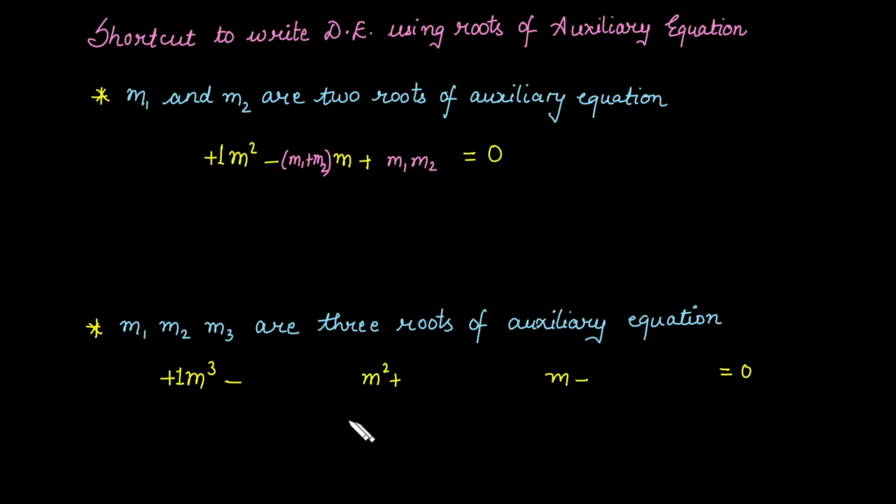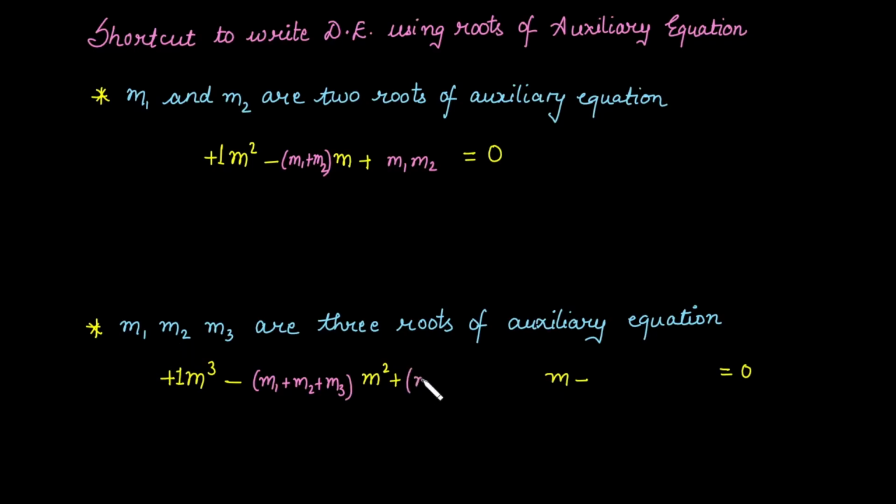And for this case, what is the auxiliary equation? There are three roots. Take the sum of these roots, and that is the coefficient of m square. Then what is the coefficient of m? At a time we need to take two numbers and then take their product.